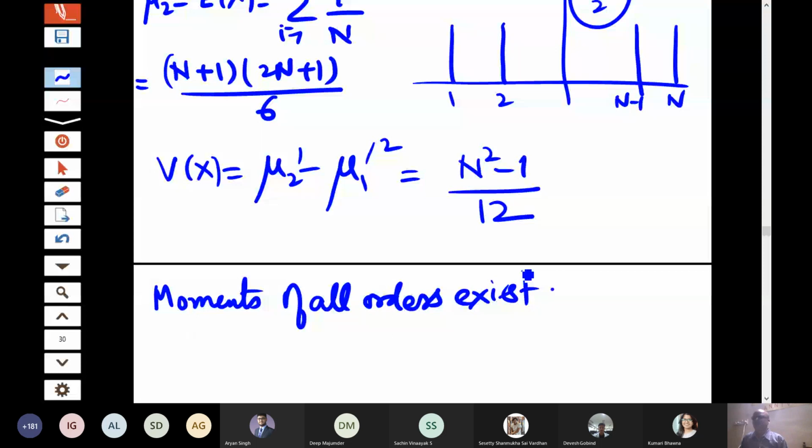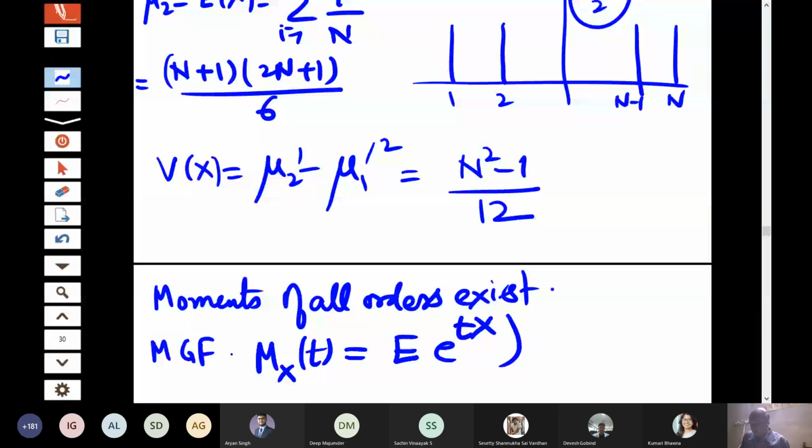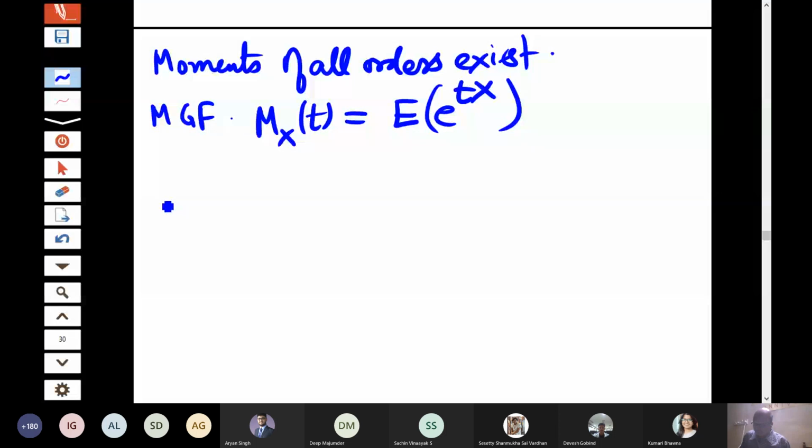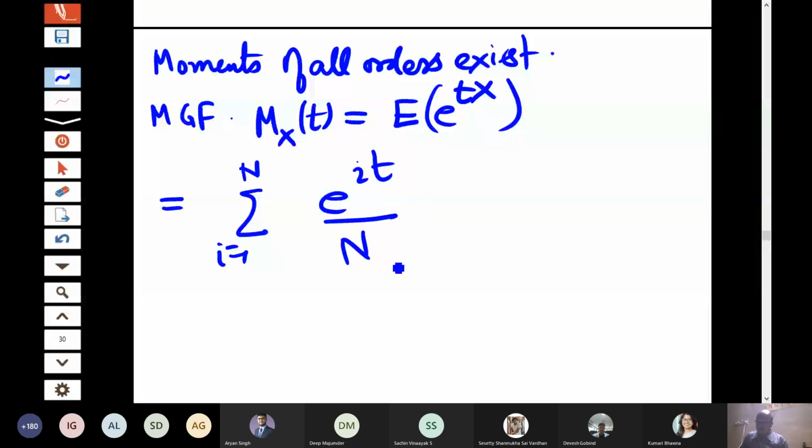You can also look at the moment generating function here. That is the expectation of e to the power tx, which is sigma e to the power it by n, i equal to 1 to n. This is easily a geometric series: e to the power t plus e to the power 2t plus up to e to the power nt.